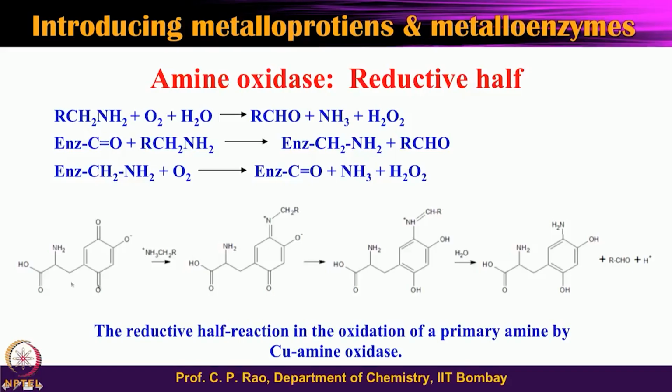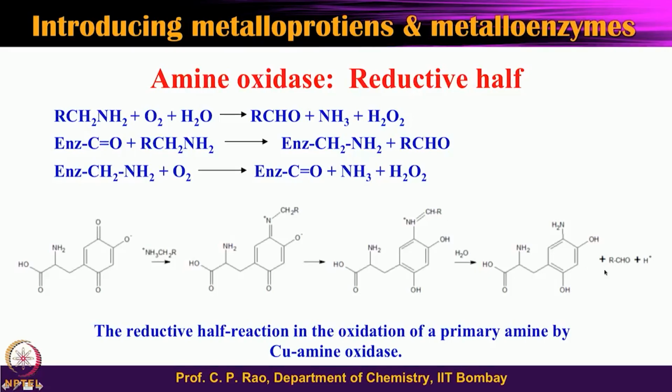Let us look at the first half of the enzyme, which you can call the reductive half. This is the cofactor TPQ, and it interacts with your substrate, which is amine. As an example, NH2CH2R is shown, and that will form a Schiff base, and this Schiff base is interconverted to this by losing the water and the amine moiety, and this releases the aldehyde.